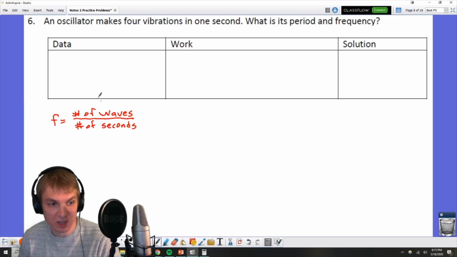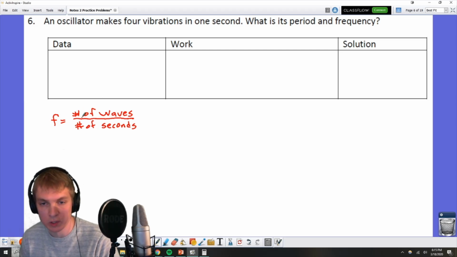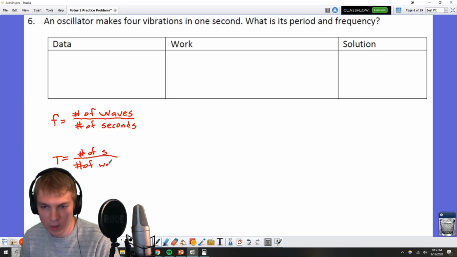Don't forget that. That's going to be very important. The other equation, for period, is going to be the exact opposite, the flipped version of this. It's the number of seconds divided by the number of waves.